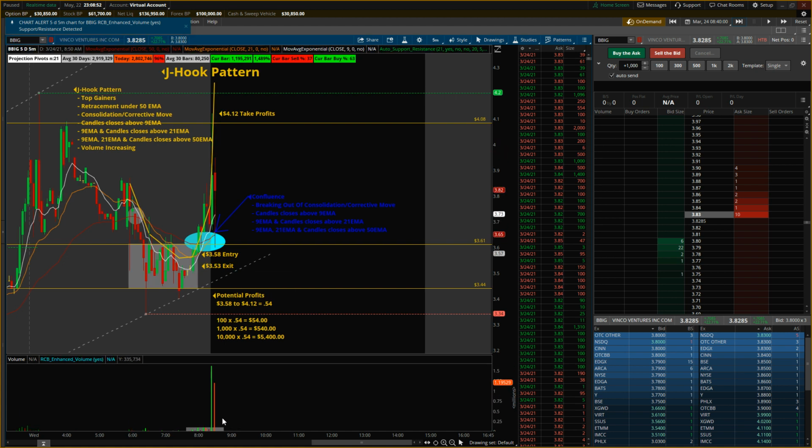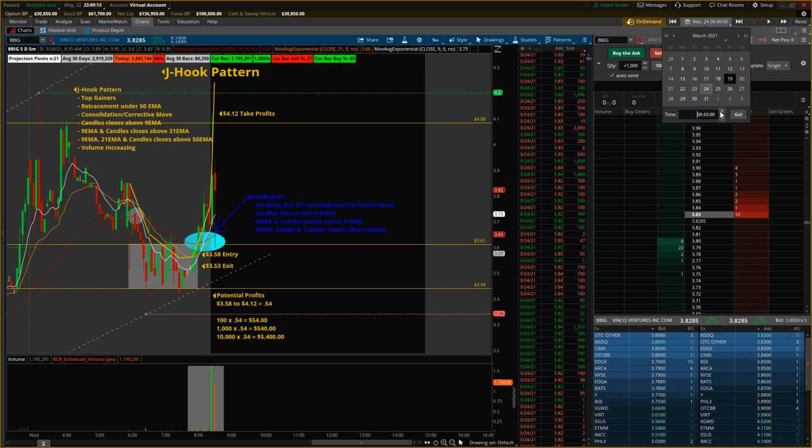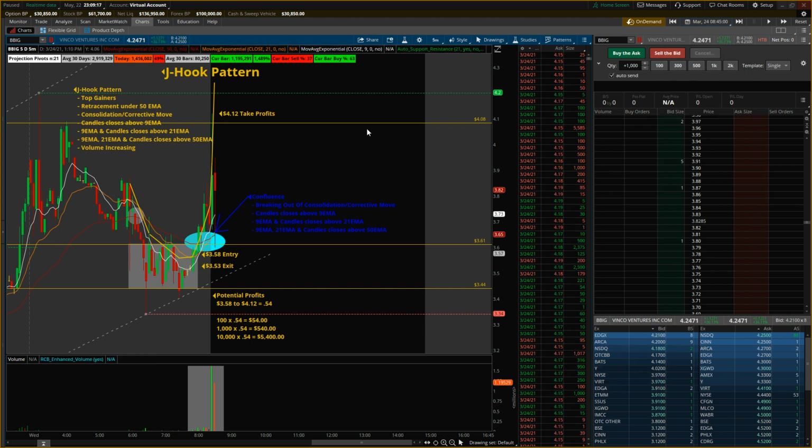Okay, so look how big that volume is. Now it made the other volumes look small, but they were bigger at one time, right? You can see there's a lot of volume, right? All right, let's go.